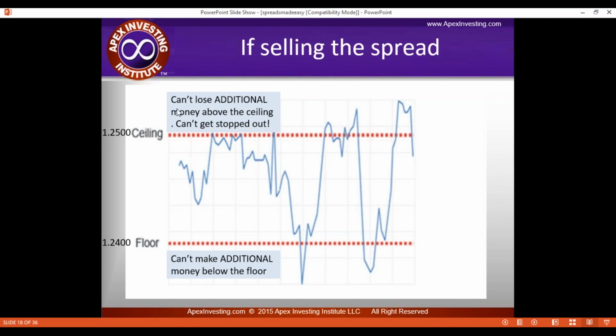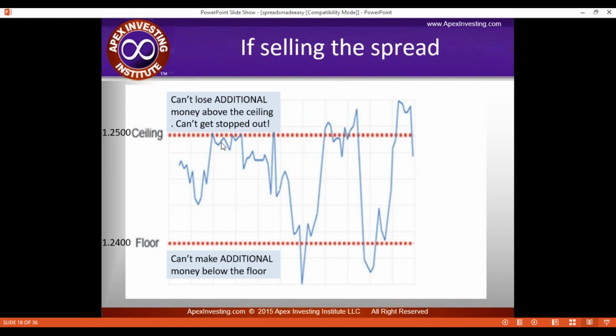I can't lose any additional money above the ceiling, okay? So if I sell, saying the market's going down, but I'm wrong and it shoots up 100 pips against me, I don't lose any more money past the top, past the ceiling, okay? I've capped limited risk. And I know ahead of time before I ever get in exactly what that risk is.